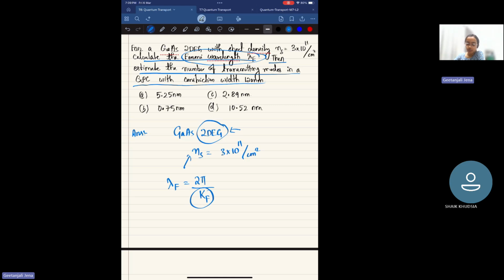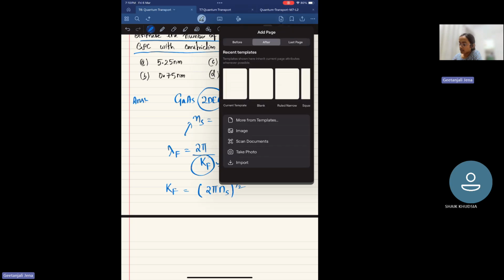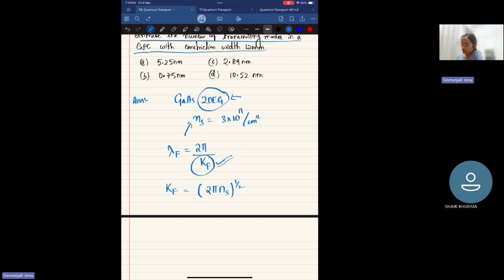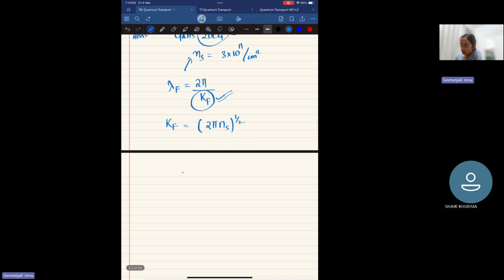And if you recall our previous lab session, we have already derived the value of k, so I'm just writing down the final expression. k for 2D is given by (2 pi Ns) to the power half. Ns is the charge density, or here it is the sheet density, given as 3 times 10 to the 11.